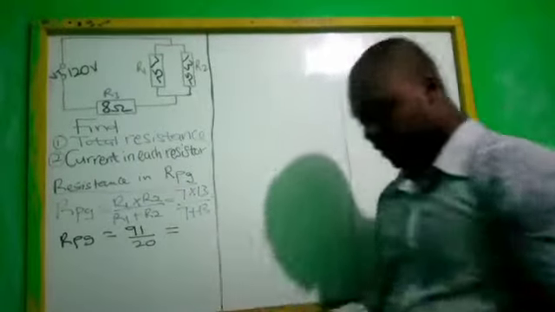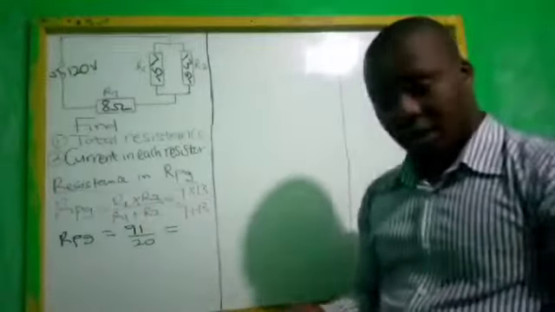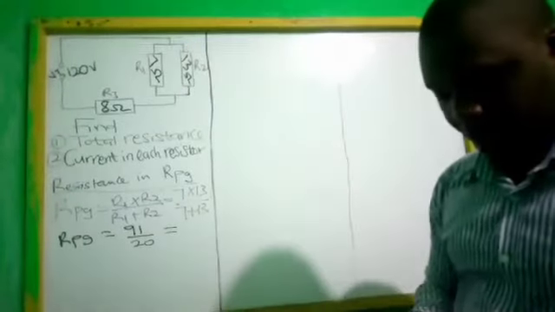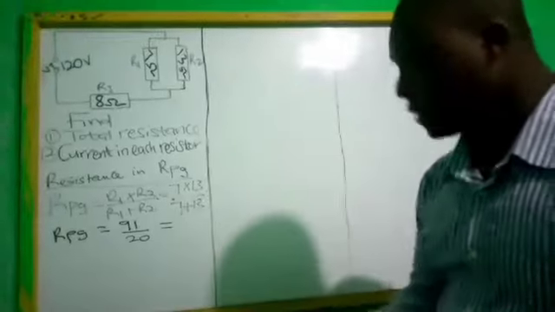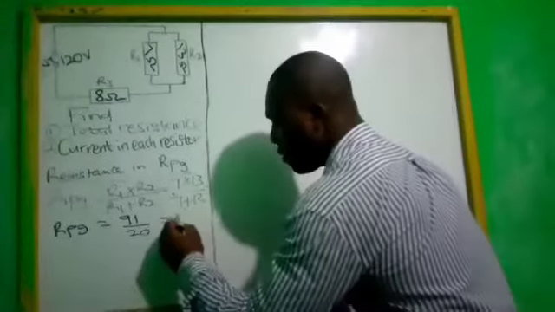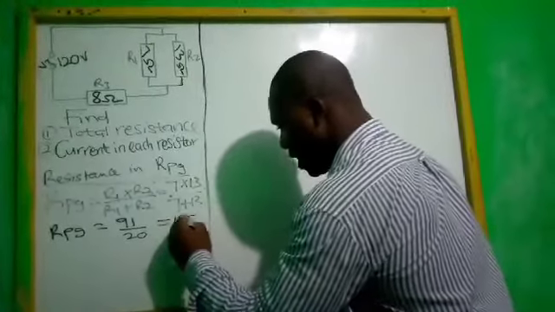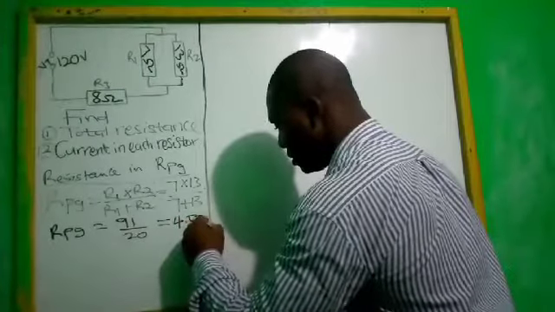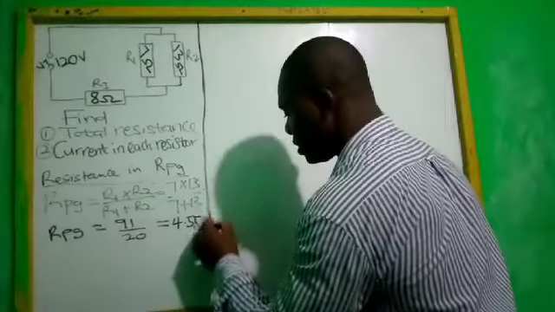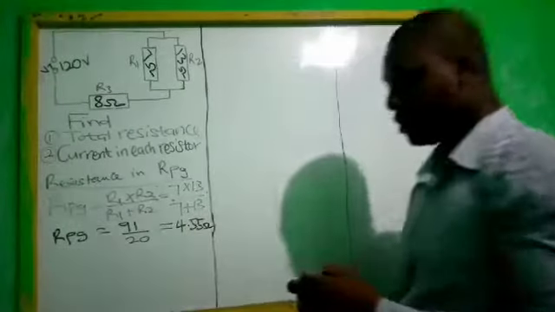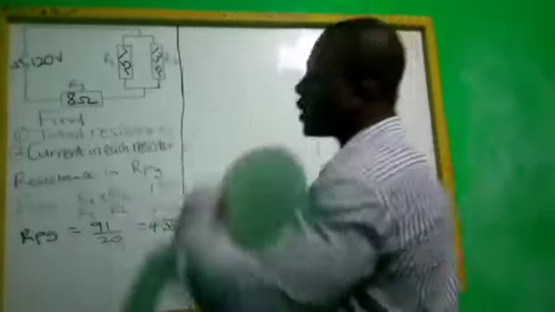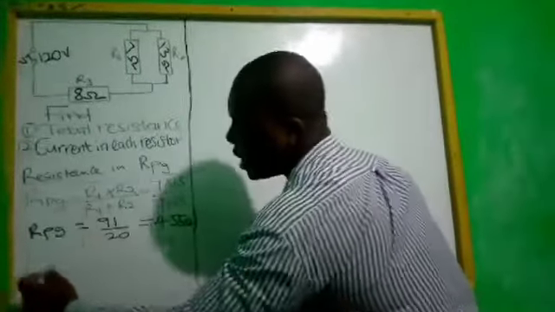So 91 divided by 20, we have our answer as 4.55 ohms. All right. So as we have this answer, now let us redraw our diagram.